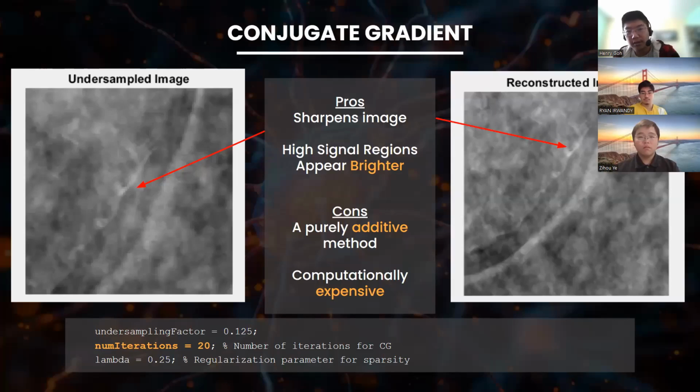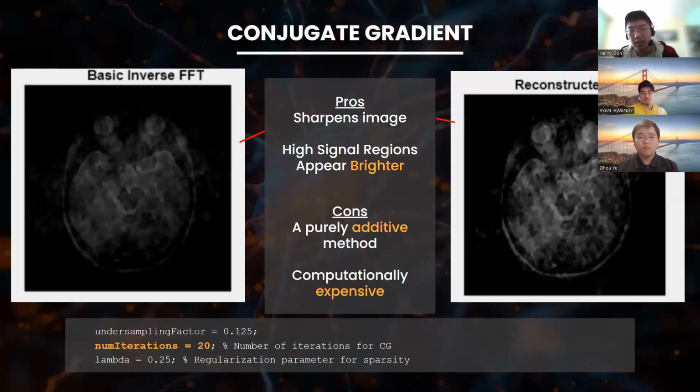So a lot of this incoherent noise we can take out once we do the proper procedure and use the proper sampling. What this conjugate gradient actually does is add the information back in to make the image brighter. However, it's also adding information on some of the noise, meaning it really struggles to reduce the actual noise.